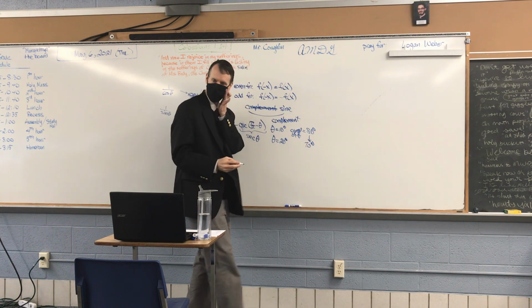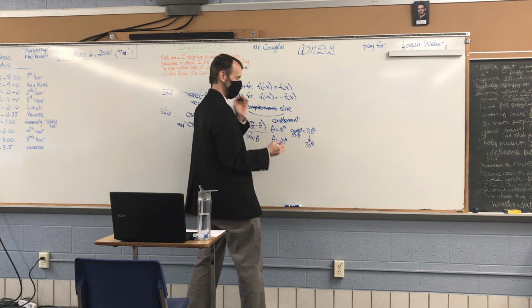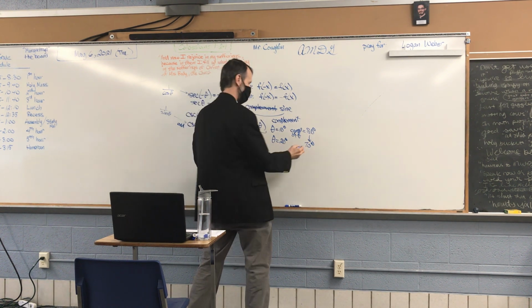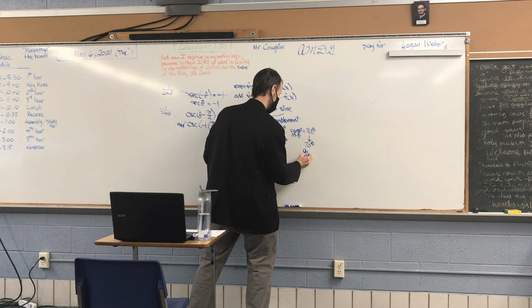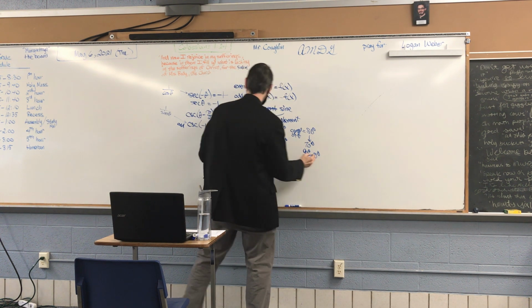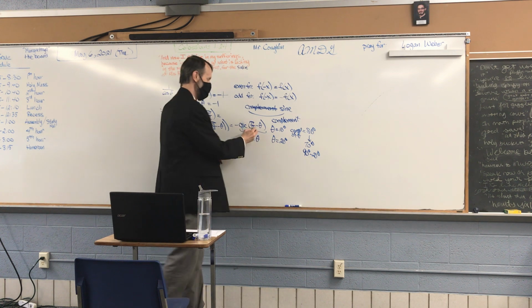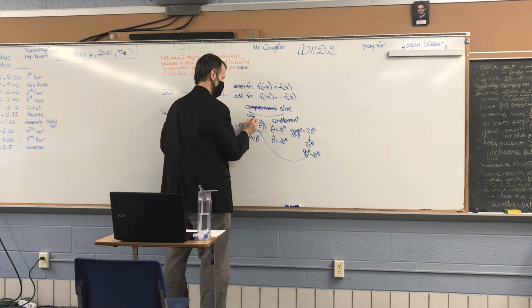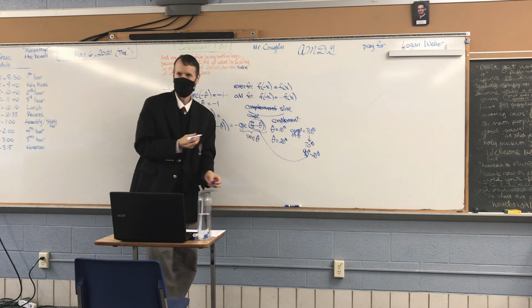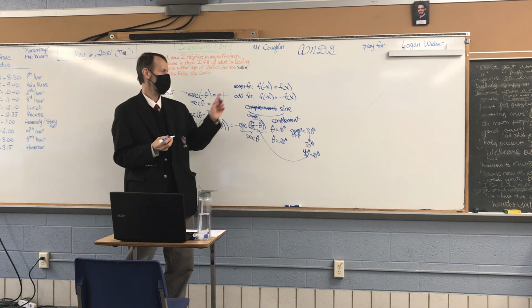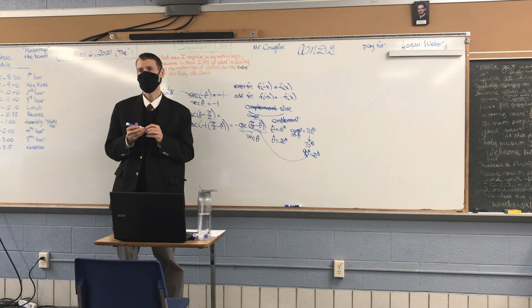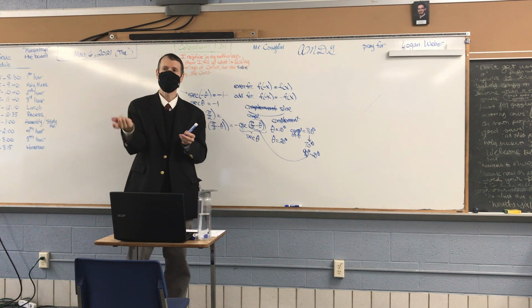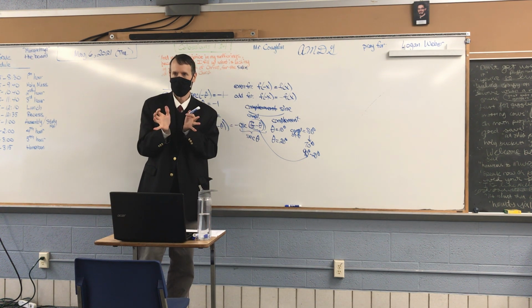How do you get that? What mathematically did you do? 90 minus 20. Exactly. Whenever you see 90 minus theta, that's automatically a complement. So the sine of a complement is called the complement sine, also shortened as cosine.